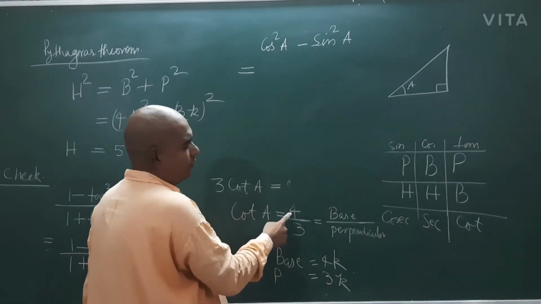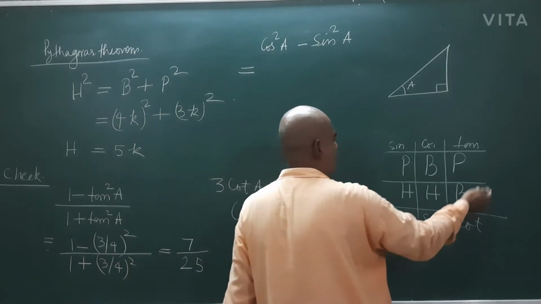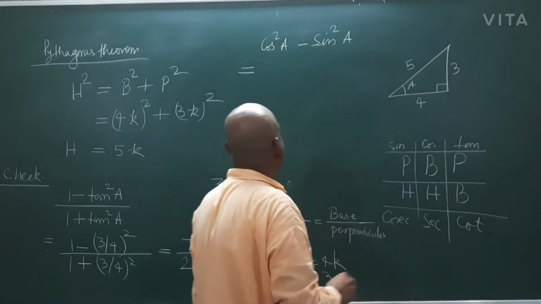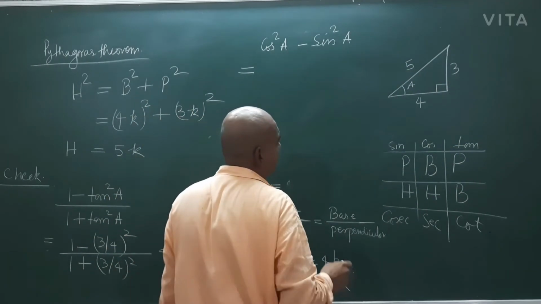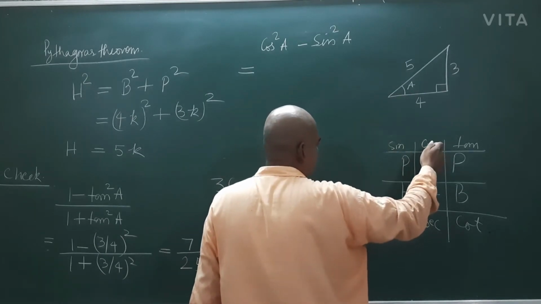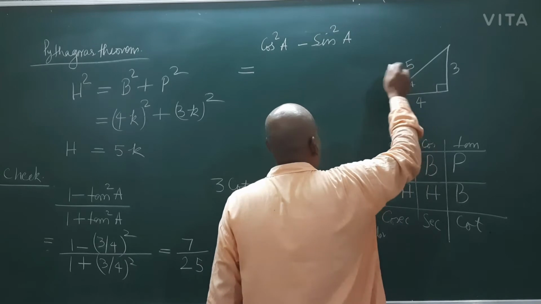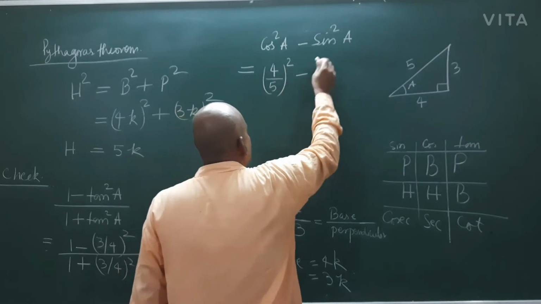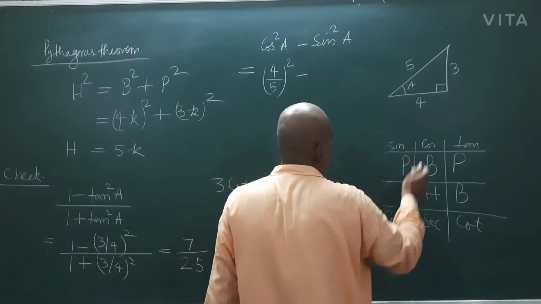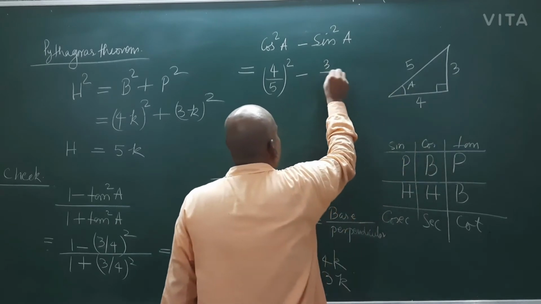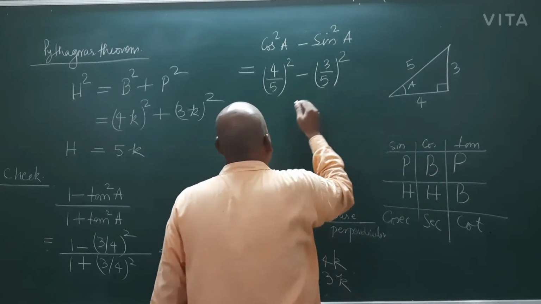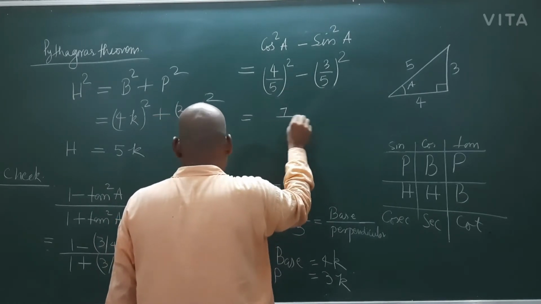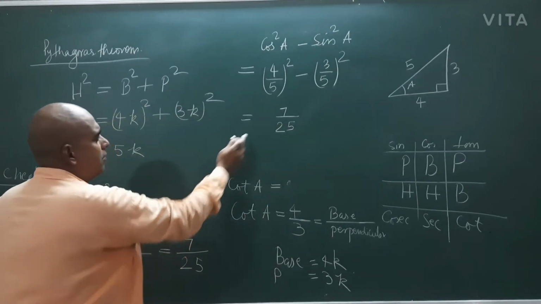Cot A is 4 by 3, base by perpendicular, so base 4, perpendicular 3, and that was the 5. So cos A is base by hypotenuse, 4 upon 5 whole square, minus sin A, perpendicular by hypotenuse, 3 upon 5 whole square. This is 7 upon 25. Both are equal.